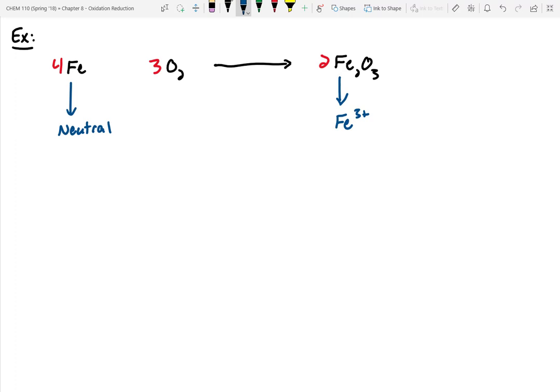All right, now when we go from neutral iron to iron 3+, are we gaining or losing electrons? Losing electrons, exactly. We're getting more positive. So we'd say each iron lost 3 electrons. If an iron atom was losing electrons, was iron being oxidized or reduced?